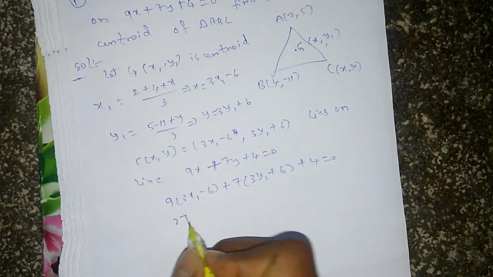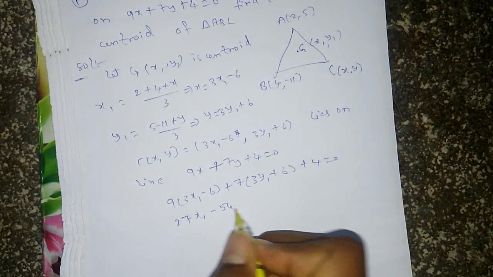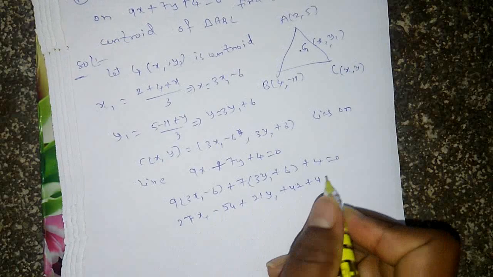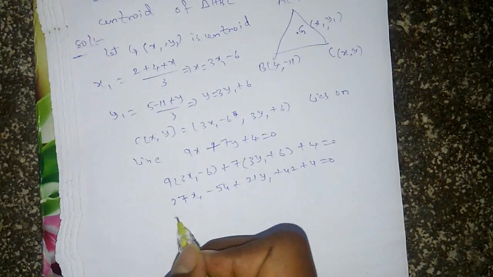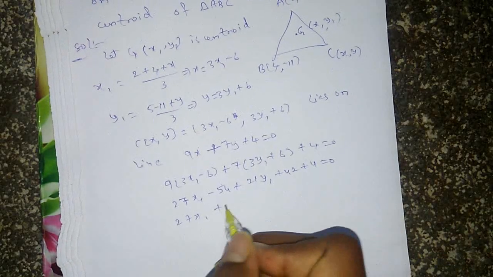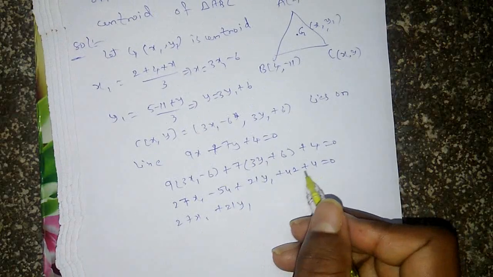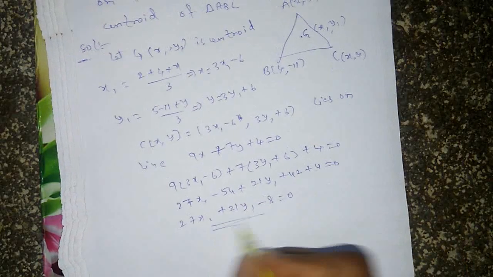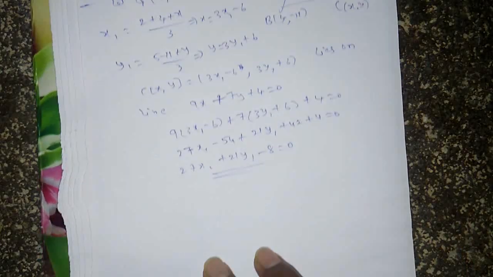This is 27x1 - 54 + 21y1 + 42 + 4 = 0. Now simplify, this is 27x1 + 21y1, this is 46 minus 54, that is minus 8, equal to 0. This is the required locus of the point.